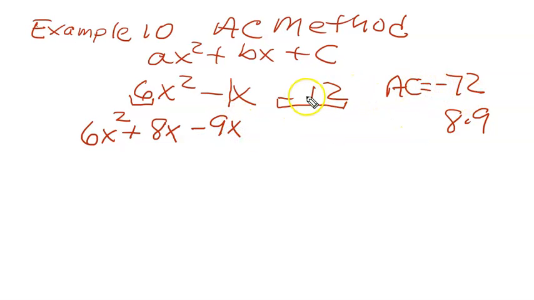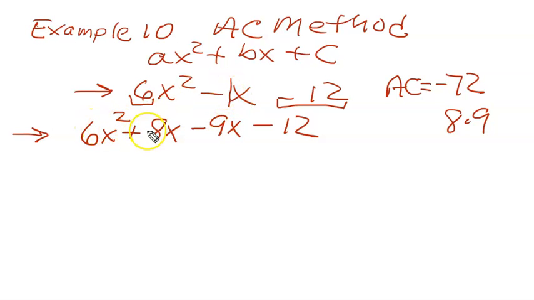And then my C term stays the same. So this expression and this expression are the same, except in the top one, we collected like terms. And in the bottom one, we separated our B value into 2 factors that result in the B factor.